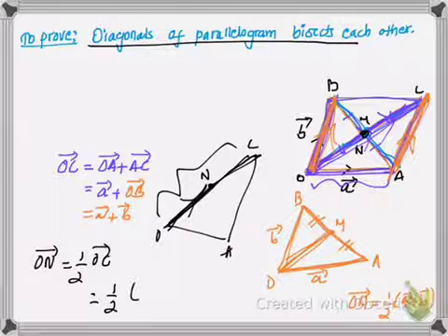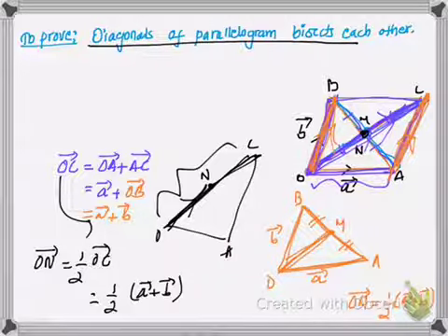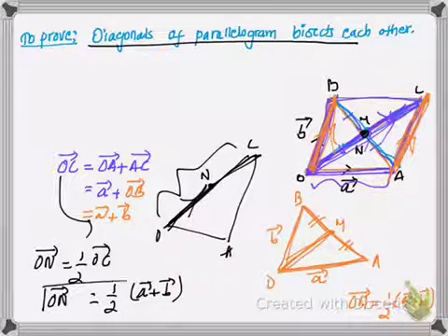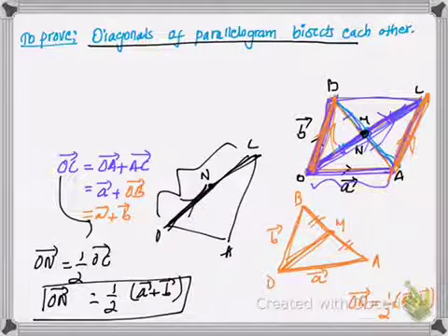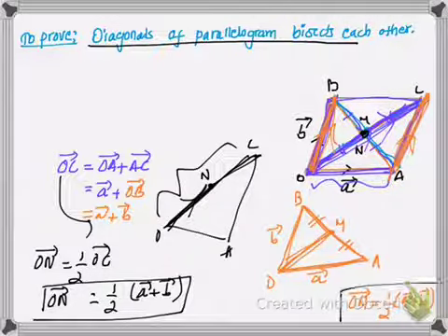So 1/2 of, we know that OC is equal to vector A plus vector B. So we have here vector ON is equal to half of vector A plus vector B, and also OM is equal to half of vector A plus vector B.